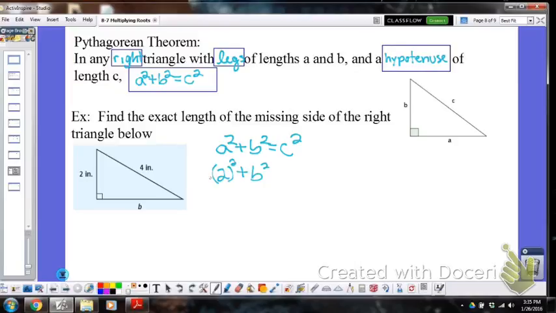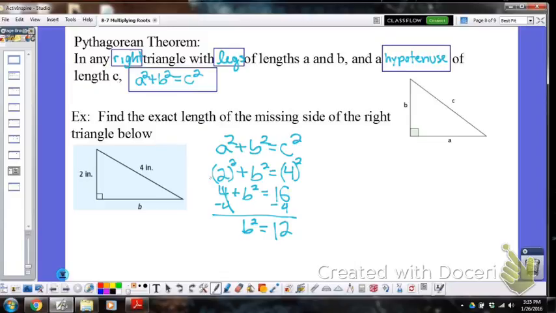That'll be b squared. But we also know the hypotenuse, which will be 4 squared. Go ahead and do some squaring. 2 squared is 4. So we have 4 plus b squared is equal to 16. Subtract 4 from both sides to get b squared alone. Well, b squared is equal to 12.